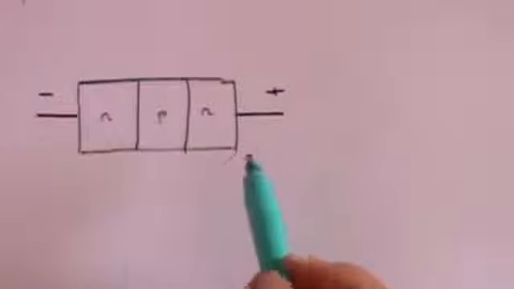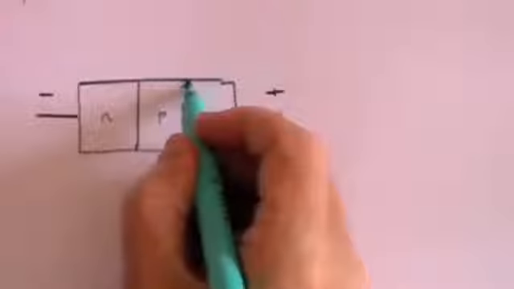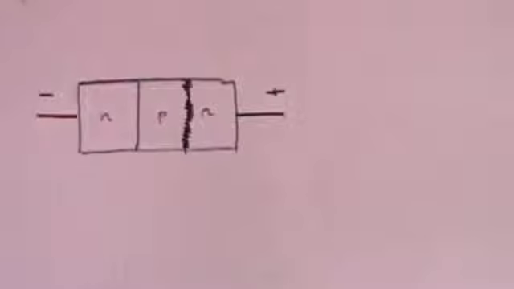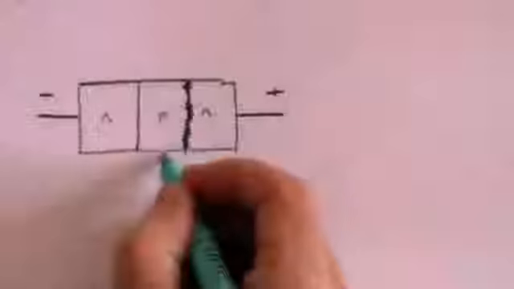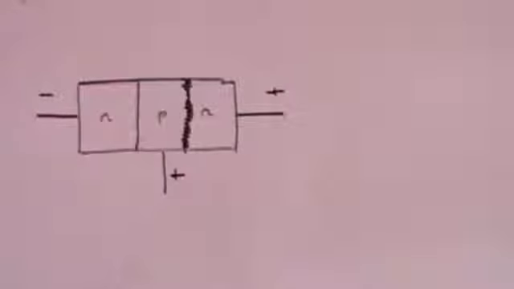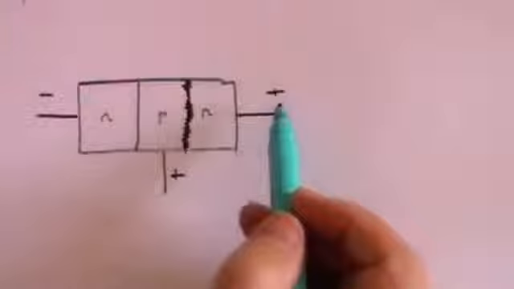But in fact they don't, because there's what's called a depletion layer which builds up at this junction, and which I describe in the earlier video, that essentially stops the electrons from flowing. But if you put a positive charge at that point, then the electrons will indeed flow across.